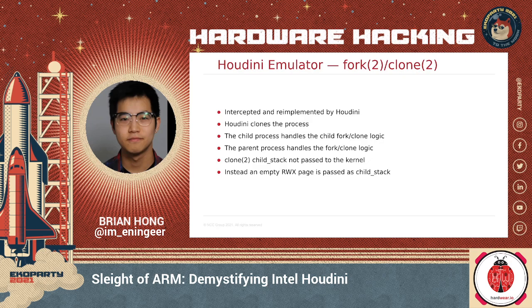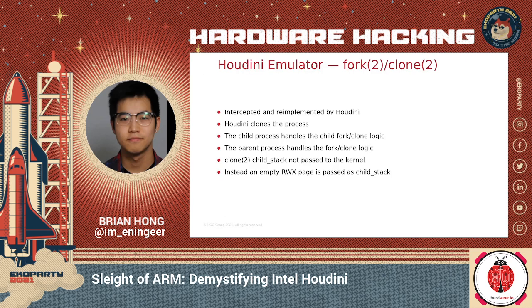You allocate some address, push a return address to the top of that stack, and pass the pointer to that stack to clone, and that new child stack becomes the stack of the child when clone clones the process. This was interesting because from ARM we were passing a child stack with the return address pointing to our ARM code, so we were wondering how Houdini handles that.